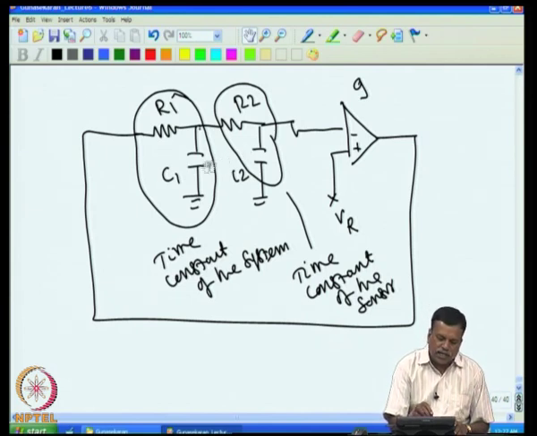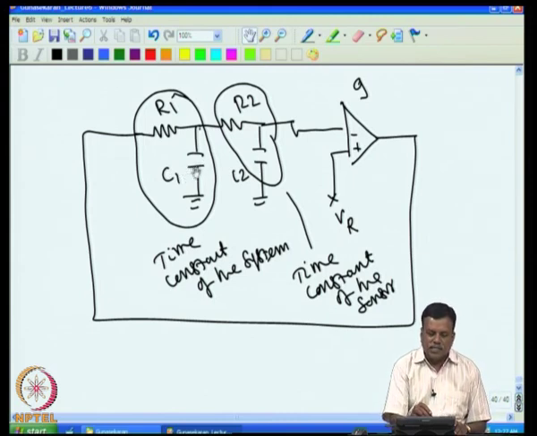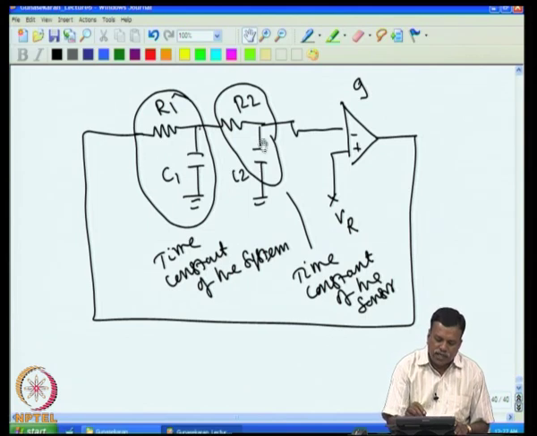We know that an RC time constant is a single pole filter, and this is also a single pole filter. Above the corner frequency, the attenuation provided by this is 20 dB per decade; that is, the attenuation increases linearly with frequency. This attenuation also increases linearly with frequency.